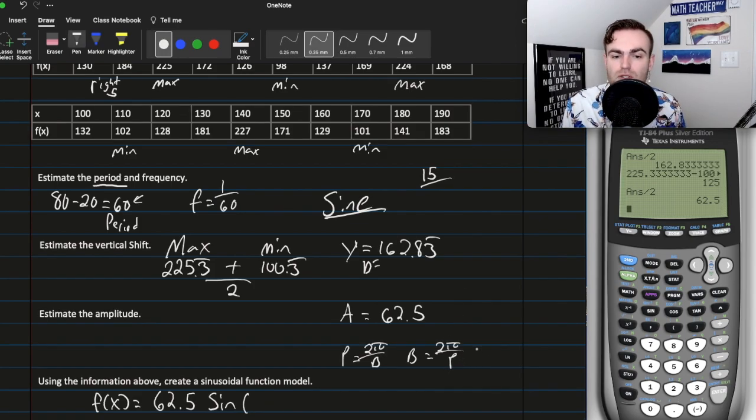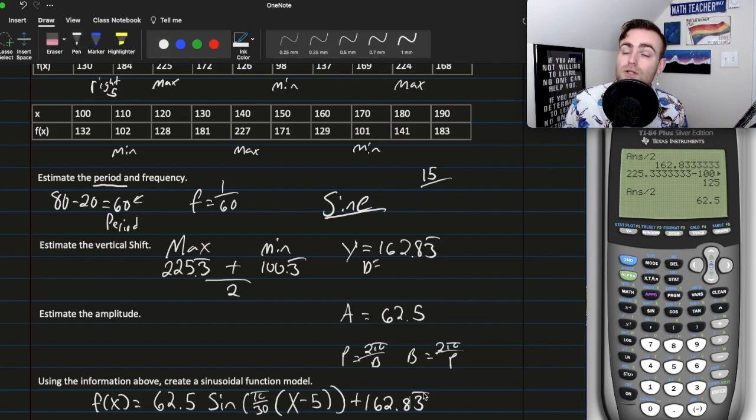The period is 60. 2 pi divided by 60 would be pi over 30, right? And then inside that would be x, and we're going right 5, so we're going to subtract 5. And then finally, our midline was 162.83 repeating. So that would be our model for this function. And it's not a perfect model, right? But it's the best we can do by hand, and it's actually a decent model by hand.